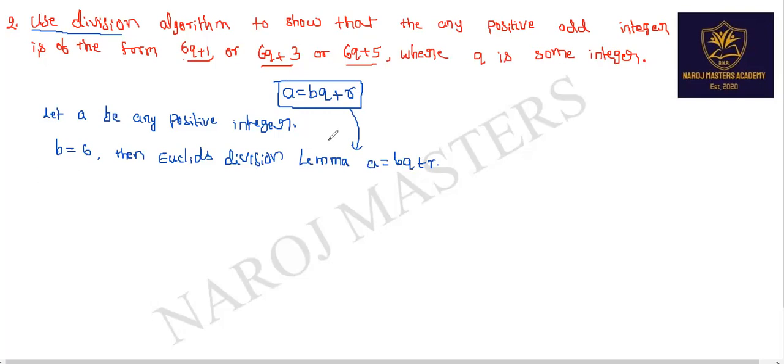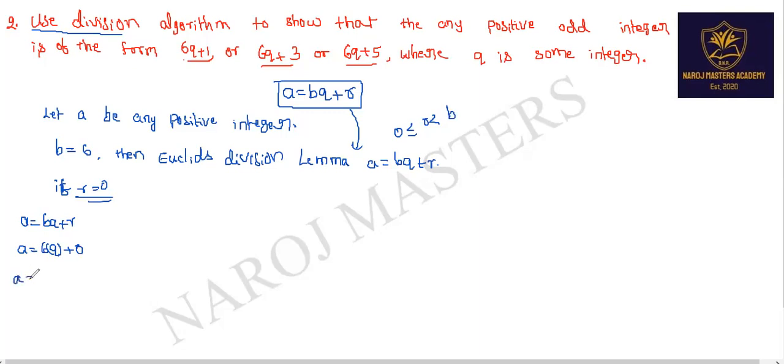First, you know the condition: r is always less than b, and 0 is less than or equal to r. r cannot be negative. So now take r is equal to 0. a is equal to bq plus r, b is 6 here, q unknown, plus r is 0.